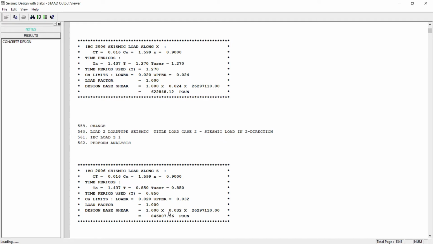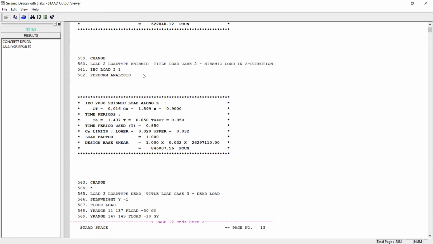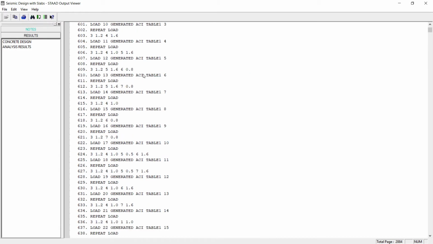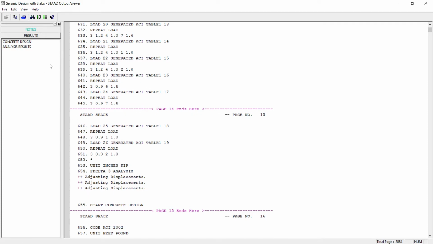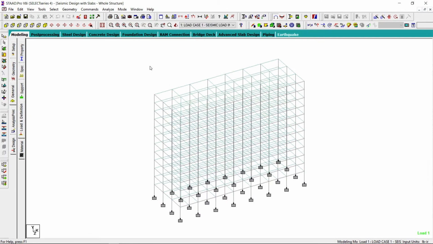I showed before that the value calculated for the Z direction or north-south direction was 0.032, and in the book the value calculated in the east-west direction or x direction is 0.024. So up to this point it is in total agreement. I am not going into the design phase; rather, first let us see the deflections.